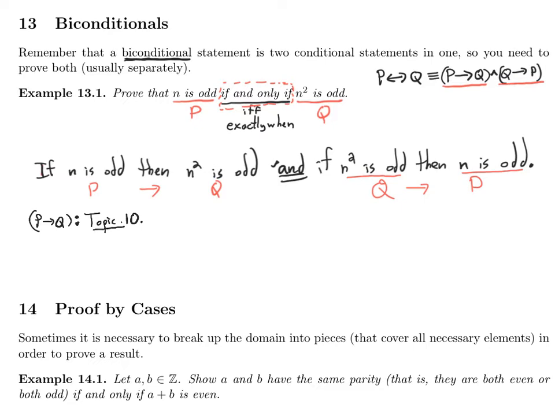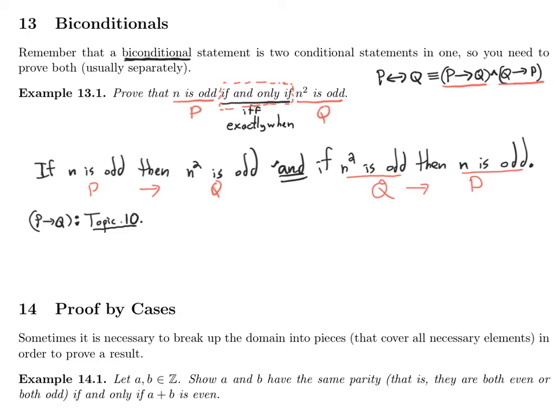So we've done that before. We've also done it in topic 11 when we had a statement that was if n squared is even, then n is even. And we proved the contrapositive of that. So really, we only have this one here. If n squared is odd, then n is odd.